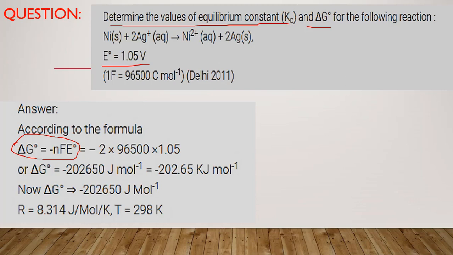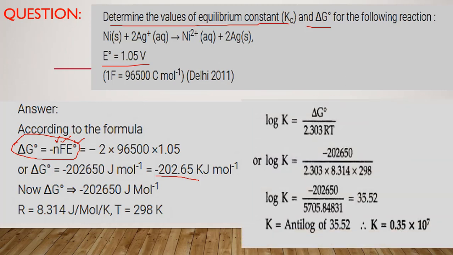Here n value 2 electrons, we know that n value, F value already is a constant, E naught value is given. Easily you can calculate this value, delta G minus 202.65.